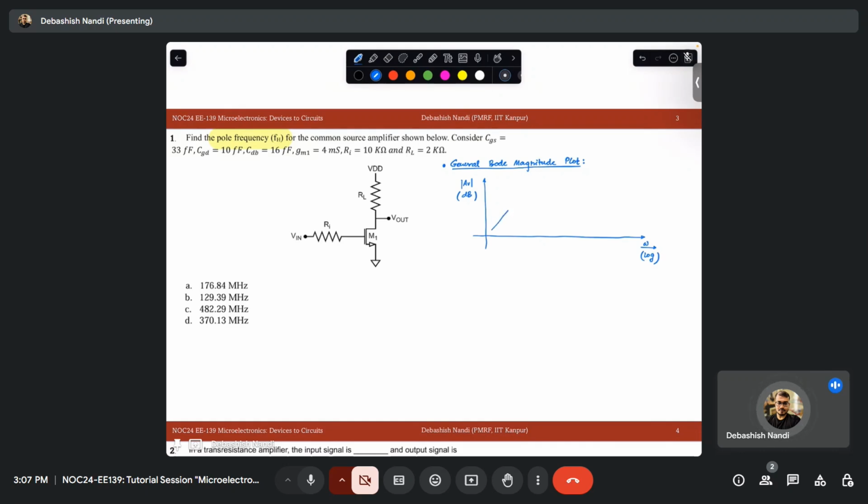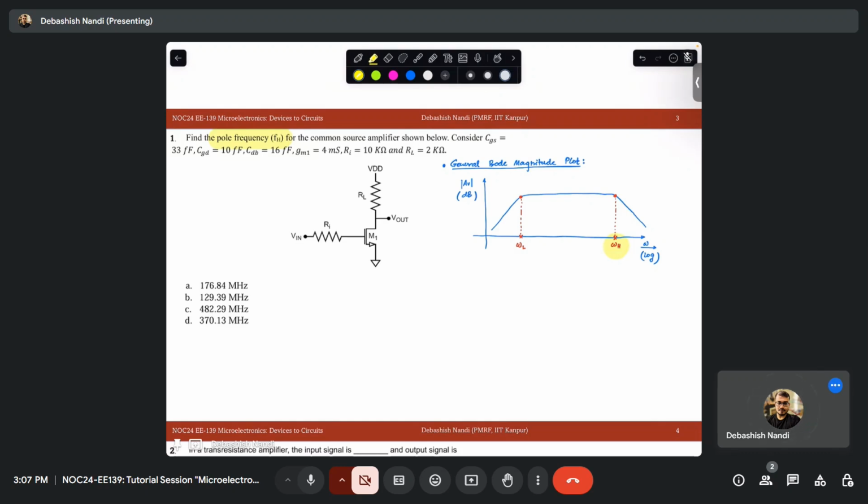So it will be something like this. What is this frequency? This corresponds to the lower cutoff, omega L, or the lower pole P1. We have discussed this multiple times, and this is omega H. So we have been asked to find out what this frequency is.